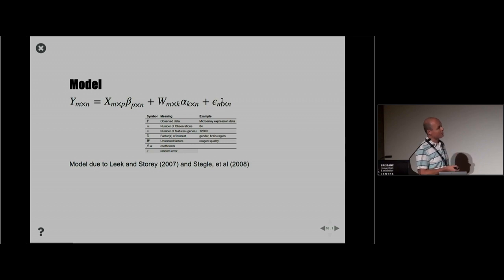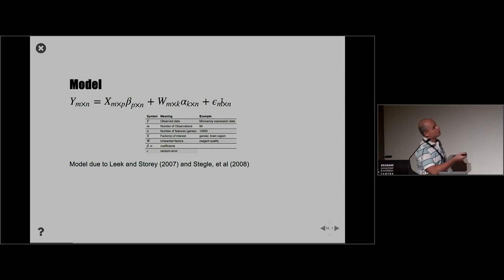What makes all of this complicated is that this W, the unwanted factors, things like changes in temperature, changes in composition of the atmosphere, are very often either totally unknown or we don't have any measurements on them.